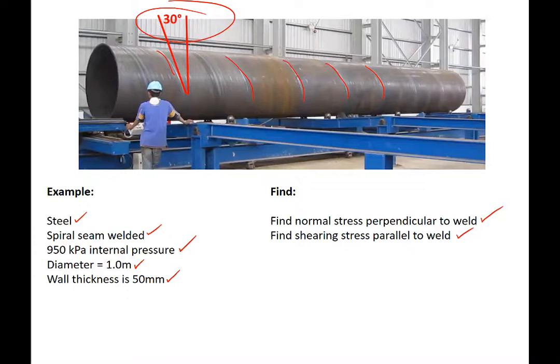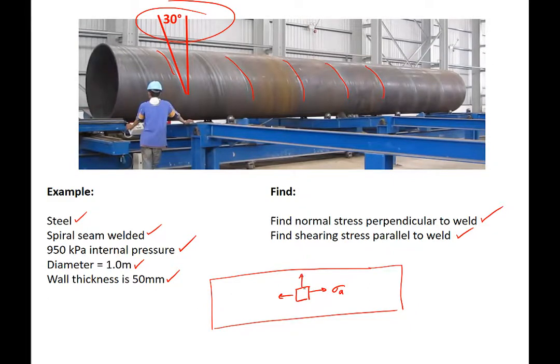All right, and just to give you an idea of how we're going to set this up, we've got this pipe like this, and on that pipe we've got a stress element, right? And we've got axial stress acting like this. We've got hoop stress acting like this.